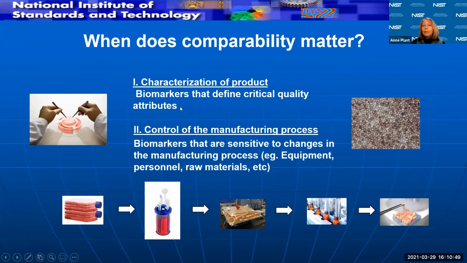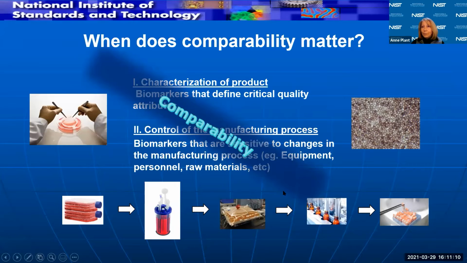If you have a regulated product that has been awarded, say, an IND based on certain critical quality attributes, then if you've changed your manufacturing process, you need to demonstrate that you still have those same critical quality attributes. Those are measurements that have to be made, and they have to be comparable measurements, right?